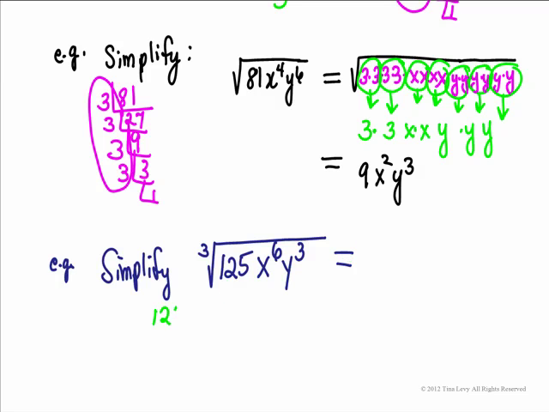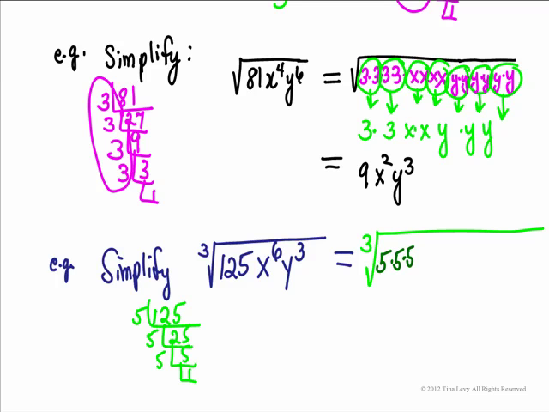I know that 125, if I get the prime factors, 5 gives me 25, 5 gives me 5, 5 gives me 1. So I can say this is the cube root of 5 times 5 times 5. x to the 6 are 6 x's being multiplied. y cubed is 3 y's being multiplied.